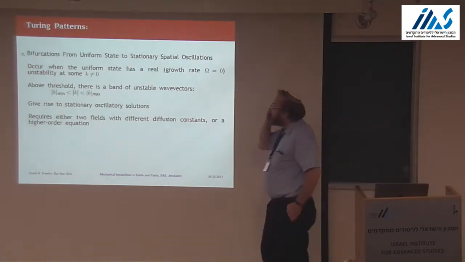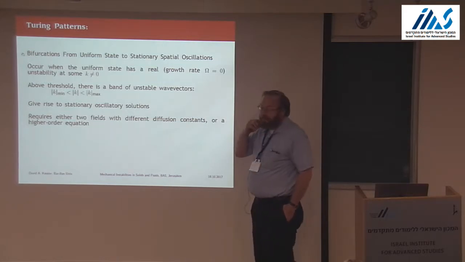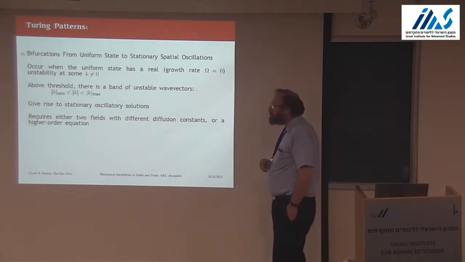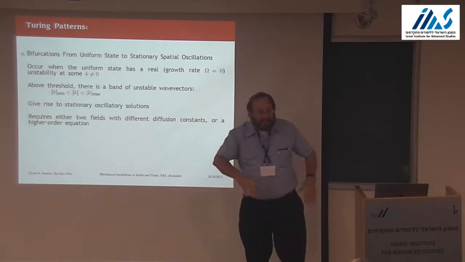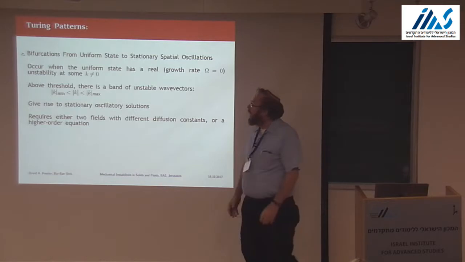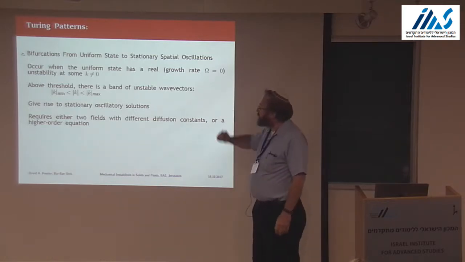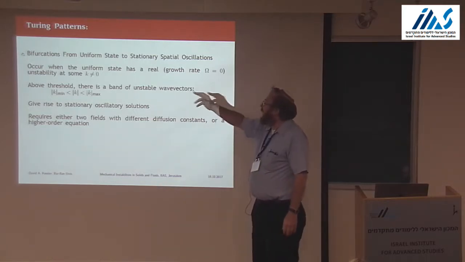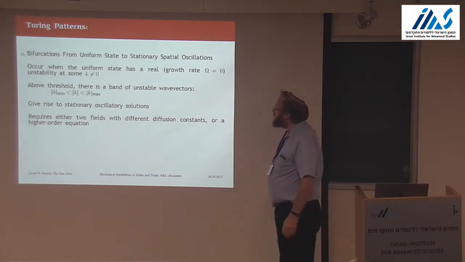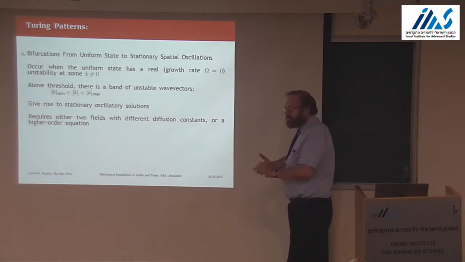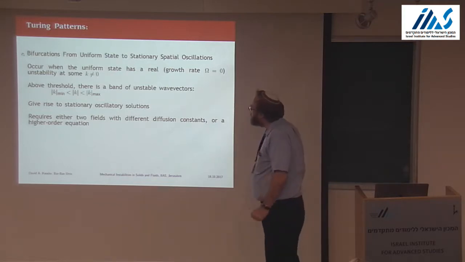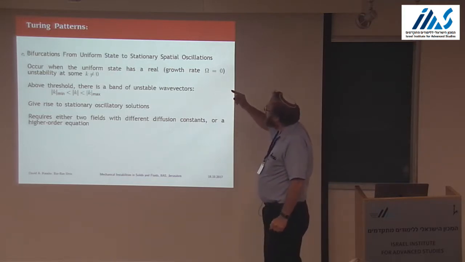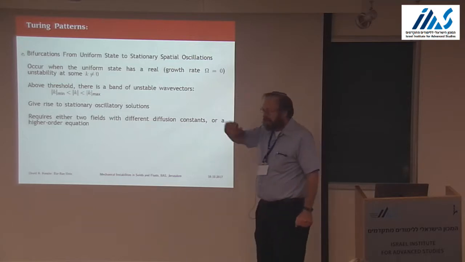All right, so let's talk about simple things first that everybody understands. The most simple, classic pattern is Turing patterns. You start out from a uniform state, and Turing discovered back in the 1950s that you had bifurcations from a uniform state to stationary spatial oscillations.